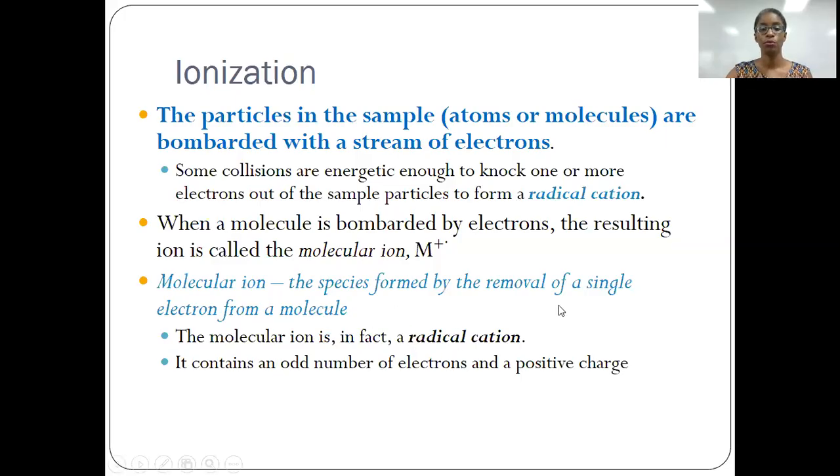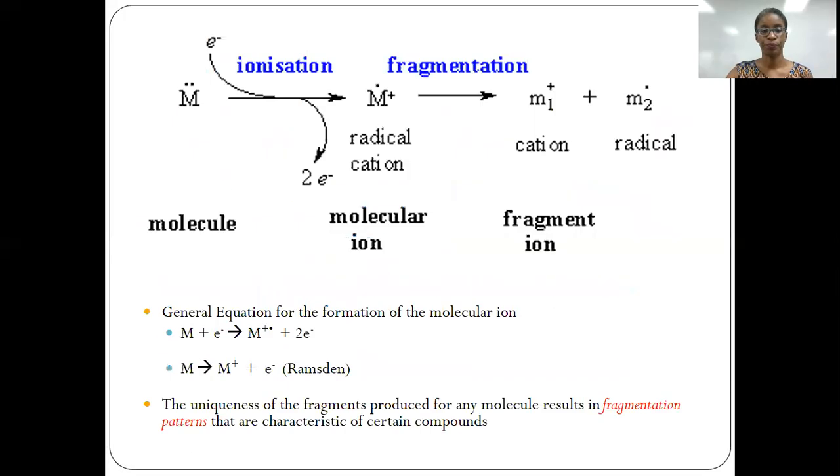The species formed by the removal of a single electron from a molecule. It is a radical cation, has an odd number of electrons because we've knocked one off, and has a positive charge. So this is the equation for the formation of the molecular ion. There have been questions that have actually asked for this, and so you will find slightly different versions of it, but the general equation is what is shown in the section down at the bottom.